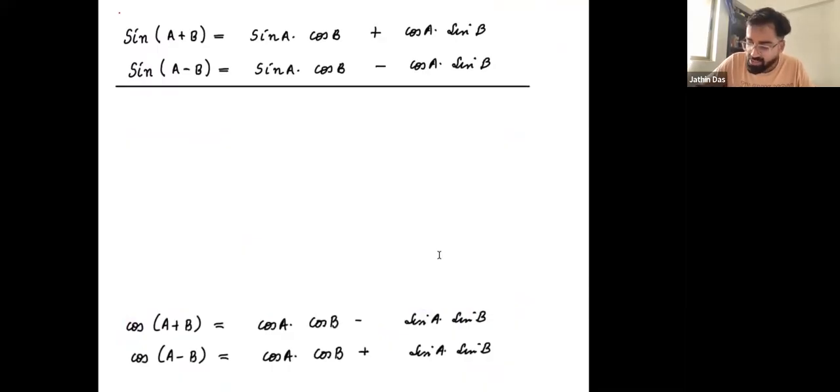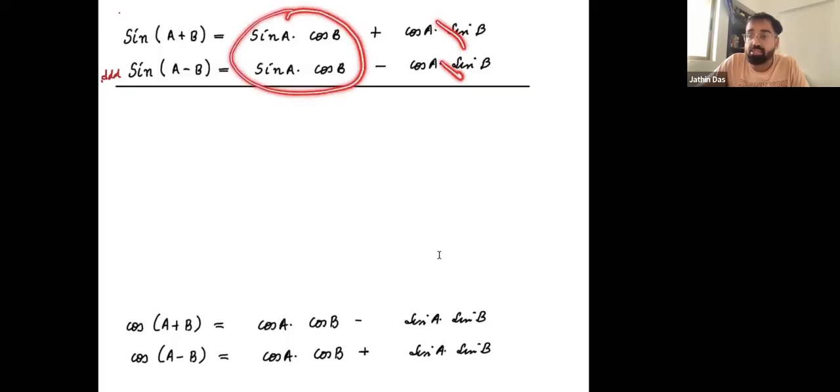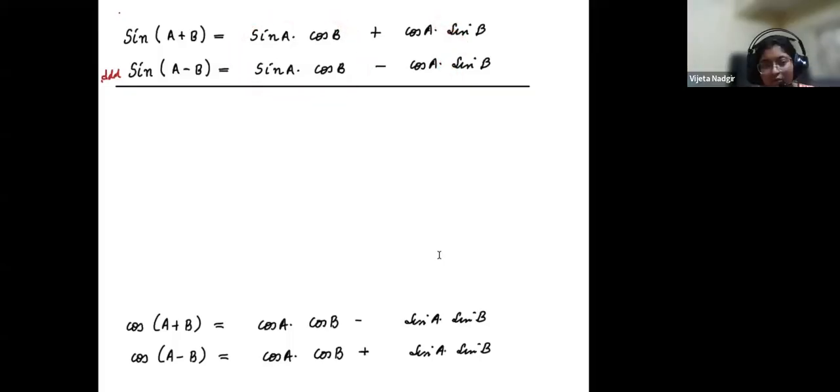What will happen if I add these two equations? If I am adding the two equations, what will happen? These two will cancel and you will get 2 sin A cos B. Correct? Okay.